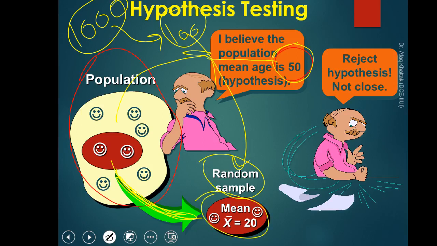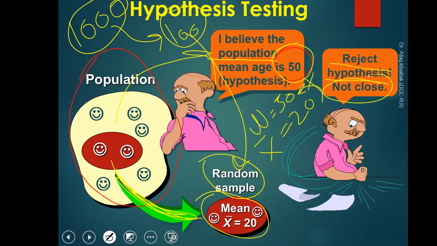The population mean, which we normally represent by mu, is equal to 50, but when we took the sample, the sample mean was 20 instead of 50. Now since this x bar, which is 20, is not very close to 50, we reject the hypothesis because that is not close to the population mean.